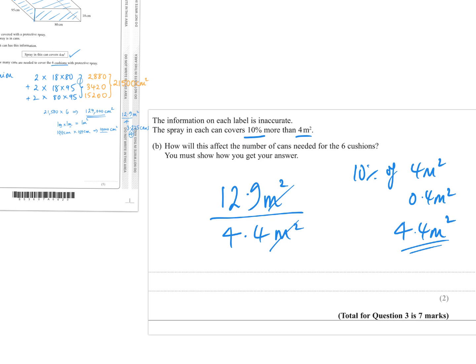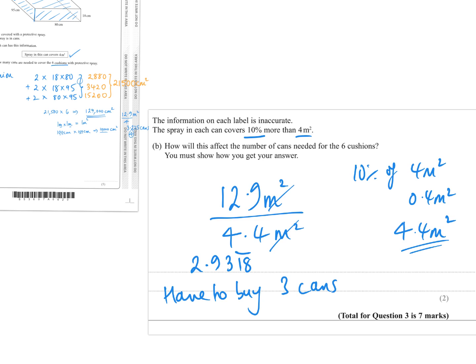So 12.9 divided by 4.4 gives me 2.9318 recurring. So I would have to buy 3 cans to do the job.